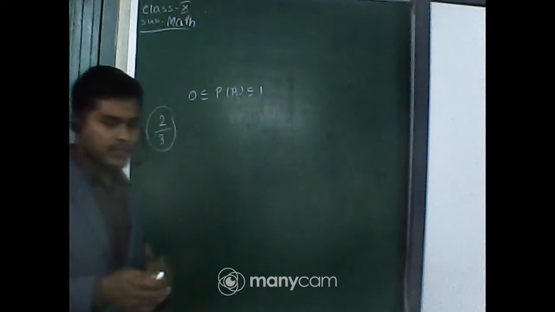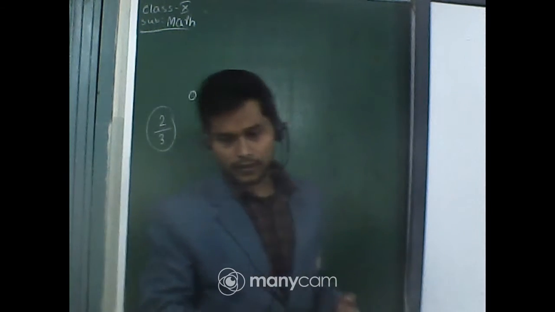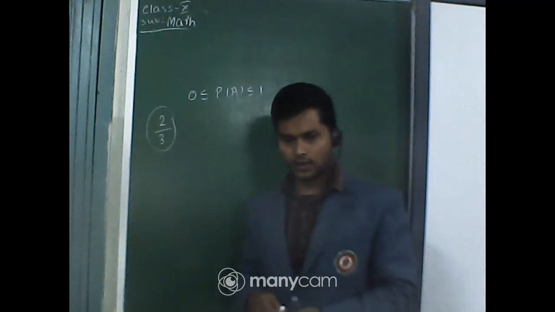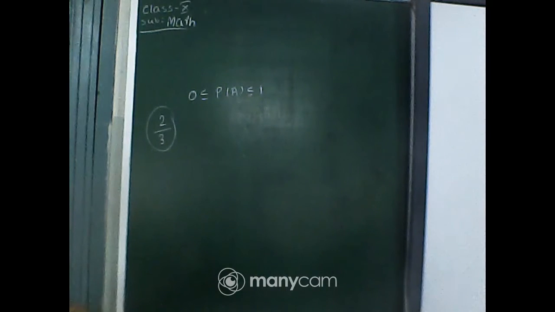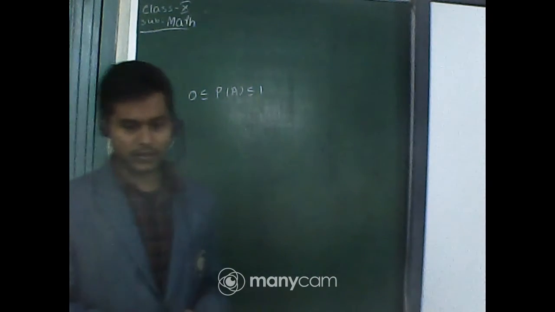If yes, then tell me the reason why it may be the probability of an event. Or if your answer is no, then tell me why it cannot be the probability of an event. Would anyone like to answer the question?